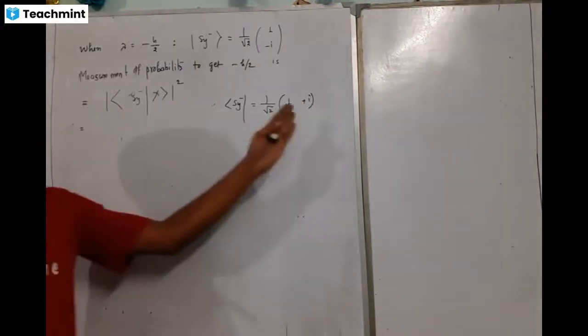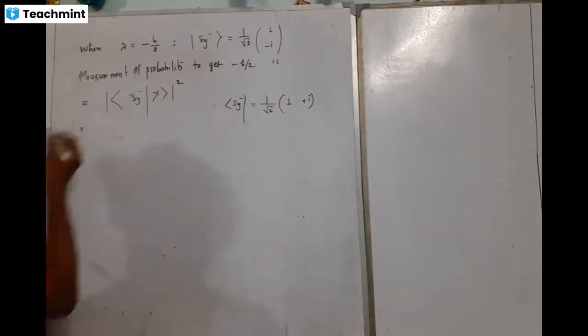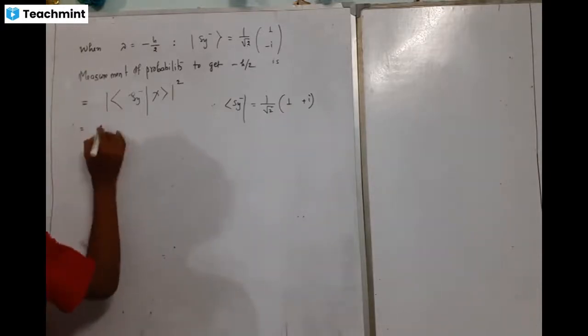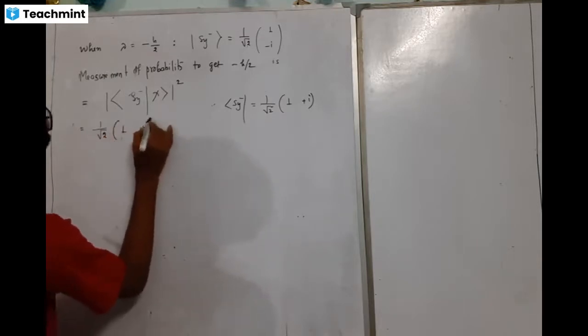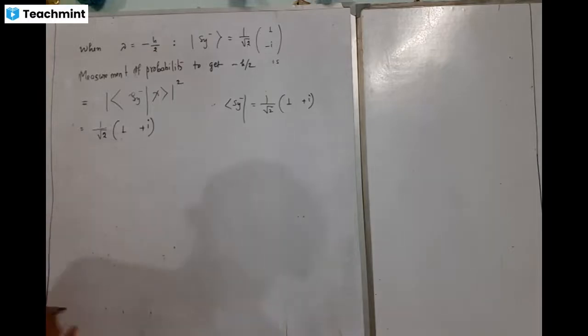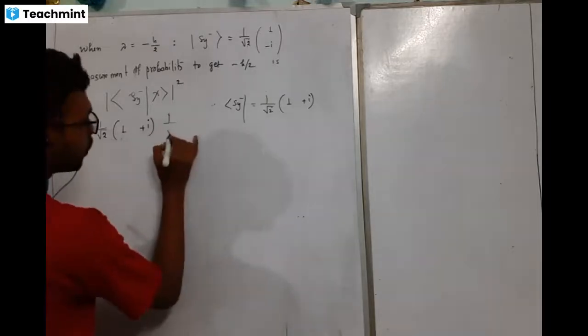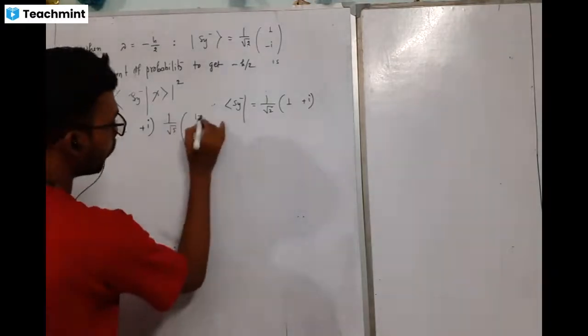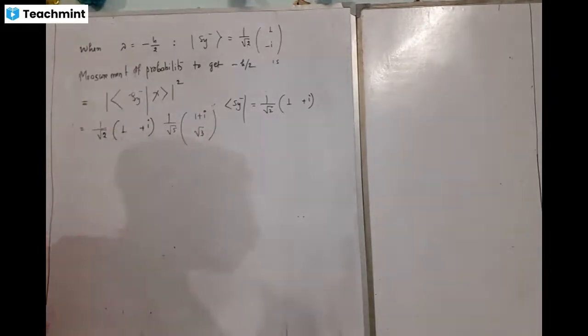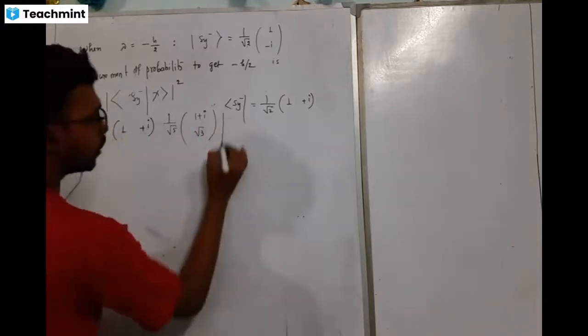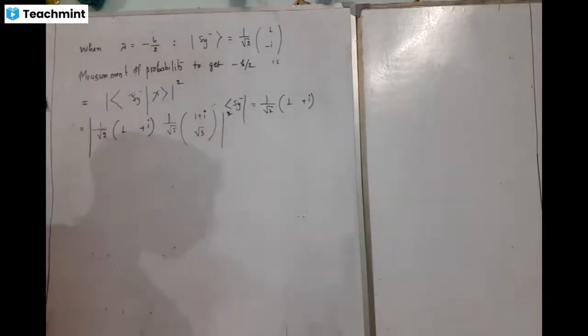This is the complex conjugate, and now we introduce it in this expression. So it is 1 upon root 2 (1, plus i), and now introduce the psi, which is 1 upon root 5 (1 plus i root 3, 1 plus i root 3). This is the mod square.